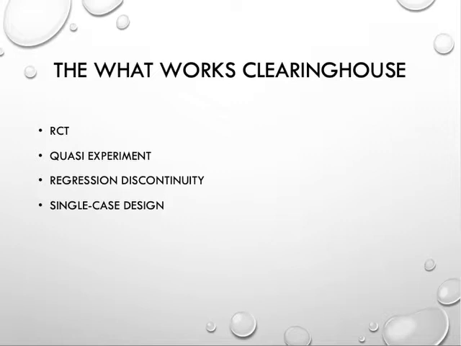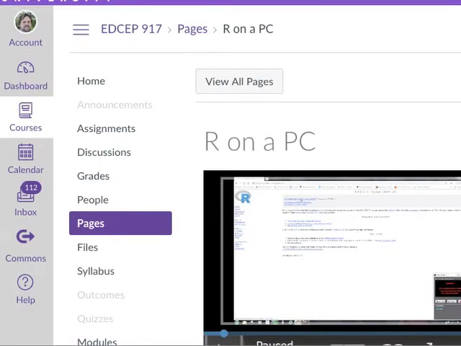The What Works Clearinghouse was developed by the Institute of Education Sciences, and it is a repository for reviews of literature, essentially, that look at determining what is an evidence-based practice or the extent of evidence of an intervention on a specific outcome.